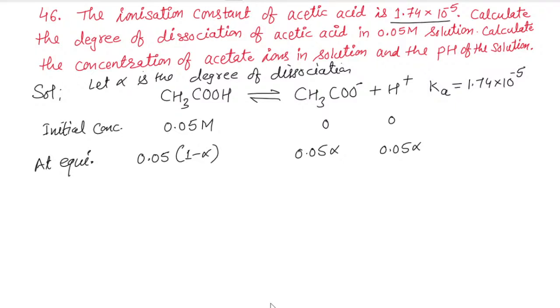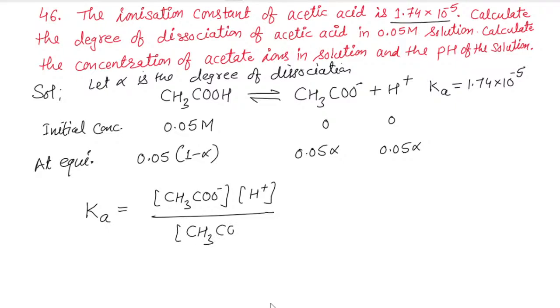Now, what is Ka? Ka equals acetate ion concentration times H plus ion concentration divided by acetic acid concentration.